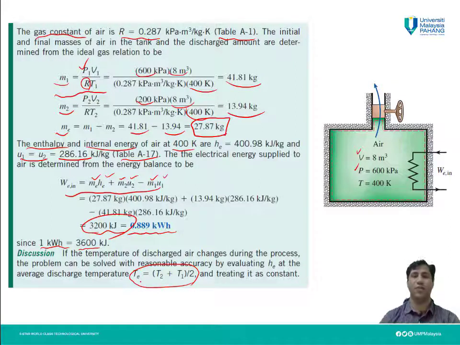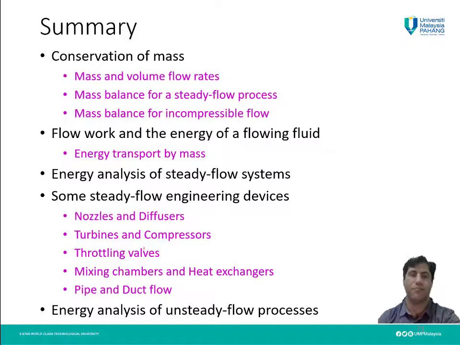Then we could go through all of these steps to find this WE in. Here T remains constant. Even if it changed a little, we could use this equation, T2 plus T1 divided by 2, as TE. Then we could do this calculation with this TE. By this we reach the end of this chapter.